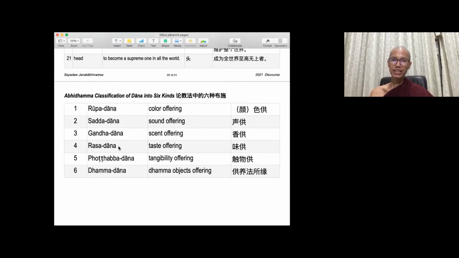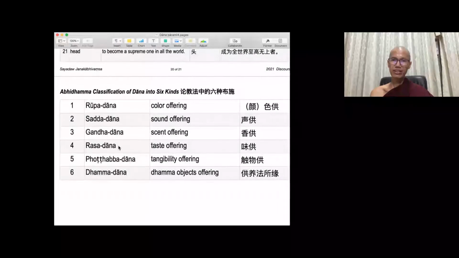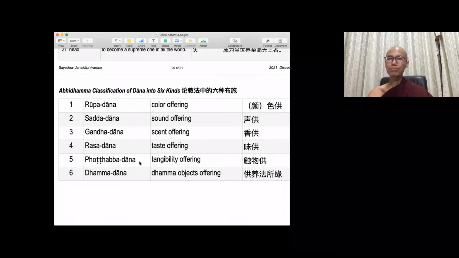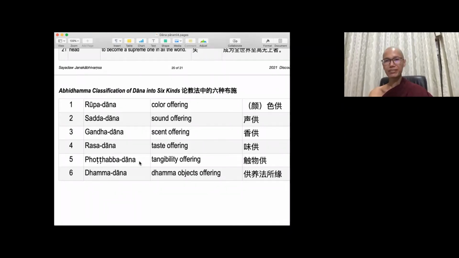We can take that with the tongue. I don't know which one is correct. Next one is Photthabbadana, tangibility offering, touching object. We can take that by body, by any part of the body.